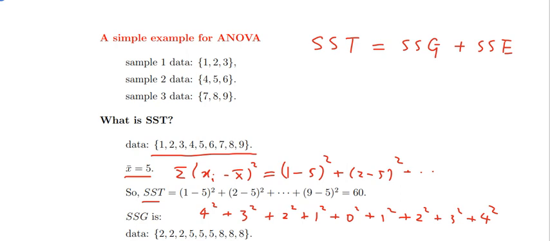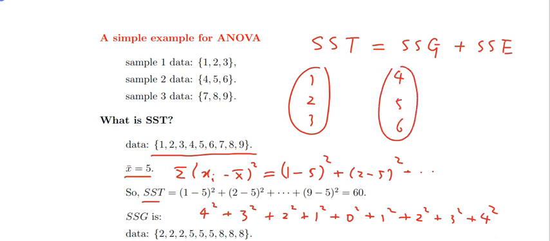So then what is SSG? For SSG, we have the data 1 to 3, 4, 5, 6, and 7, 8, 9 arranged like this.